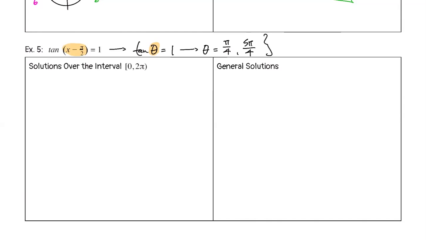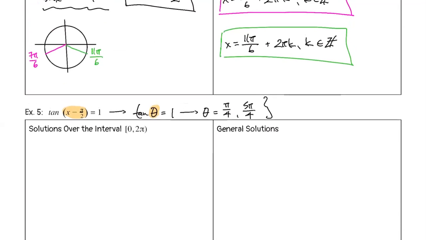Do people need more clarification around where these came from, or are we okay? Okay, so when we think about theta, when we look at the y values, we want to think which angle has a y divided by an x that gives me 1. Yes, Richard, that's what we're going to do, exactly. If I want two things divided and it equals 1, then the x value must equal the y value.